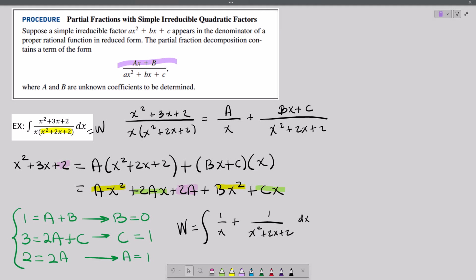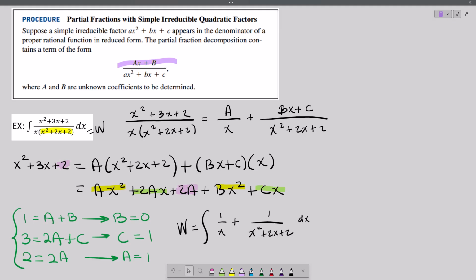We already used the a for the linear one, so we just need this to be linear. So anytime we have an irreducible quadratic, we're going to have a linear numerator. Anytime we have a linear denominator, we're going to have a constant numerator. So it's always going to be 1 less in degree. So linear to constant, quadratic to linear.